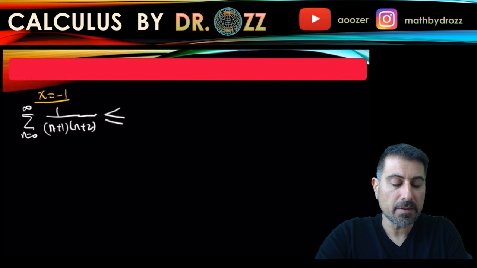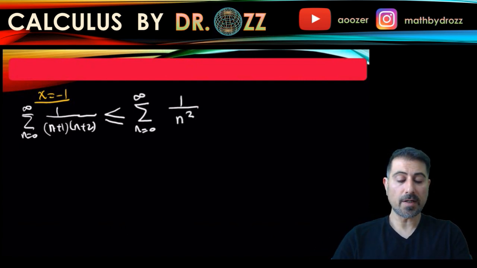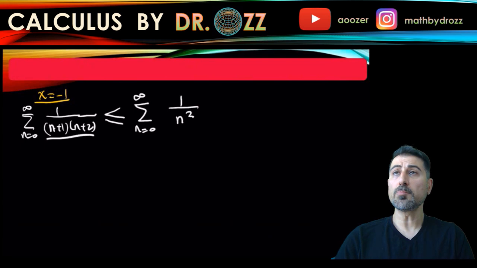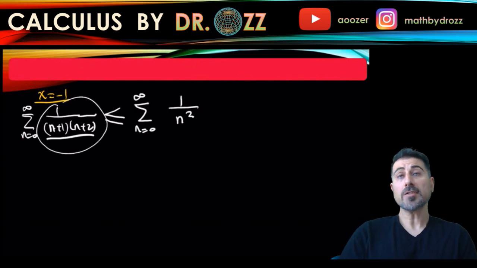So I'm going to compare this to 1 over n squared, because I can majorize the bottom of this fraction by removing the plus 1 and plus 2, because they made the denominator bigger. So obviously this ratio is always less than or equal to 1 over n times n, which is 1 over n squared.